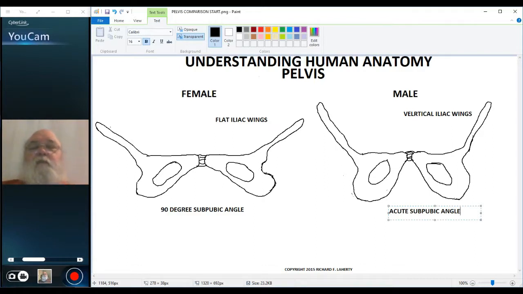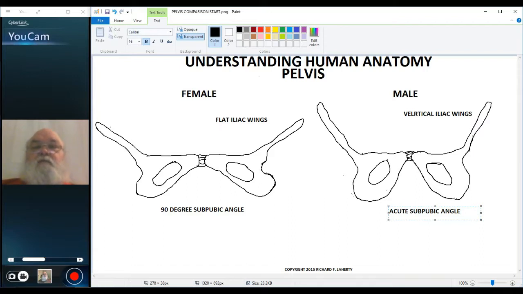And if you want to approximate the subpubic angle in a male pelvis, stretch out as far as you can your index and middle finger from each other, and the angle between these two fingers is about the subpubic angle of a male pelvis.